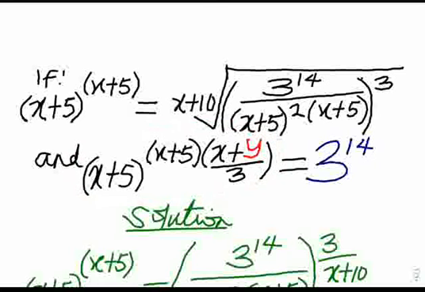Firstly, can you remember this rule of indices where a raised to power m over n is equal to the nth root of a raised to power m? These are fractional indices where the power is a fraction. When you are given a fractional index, the numerator m is the power, and the denominator n will form the root.